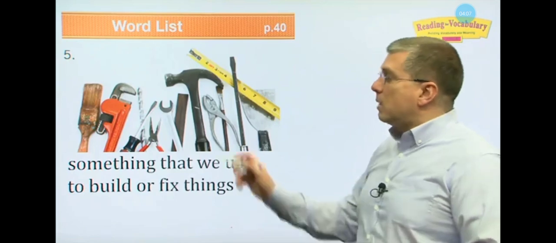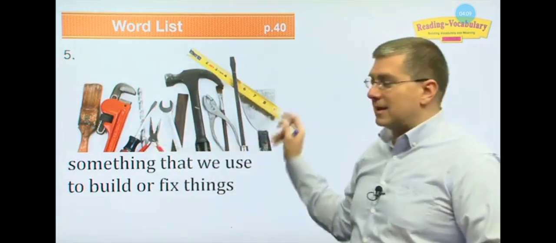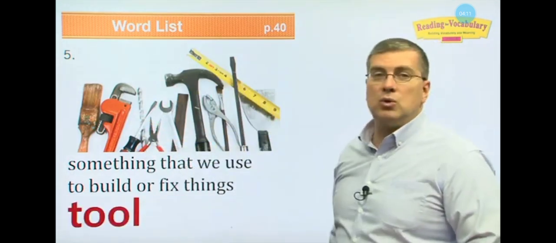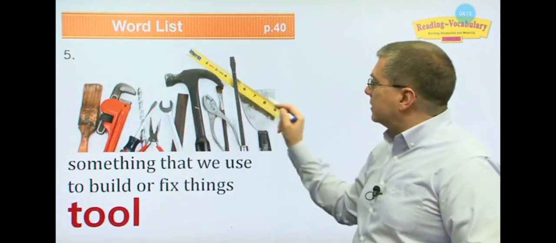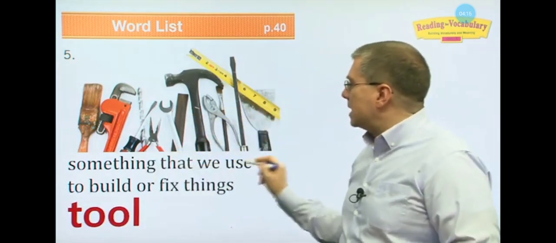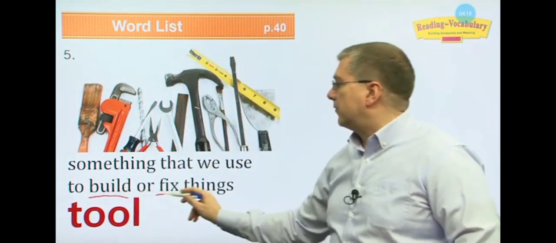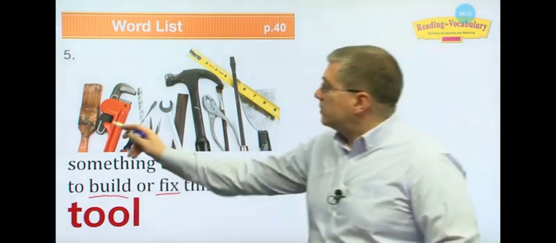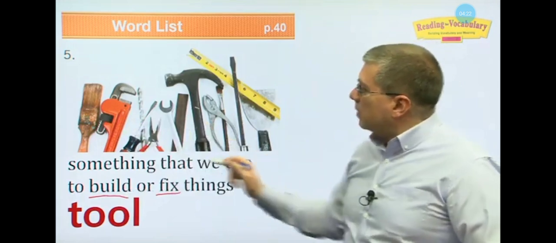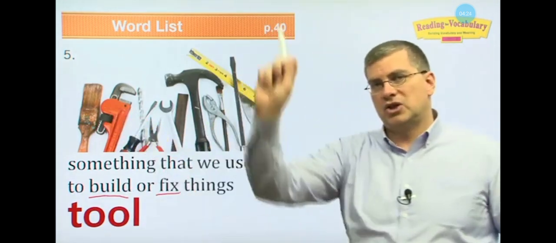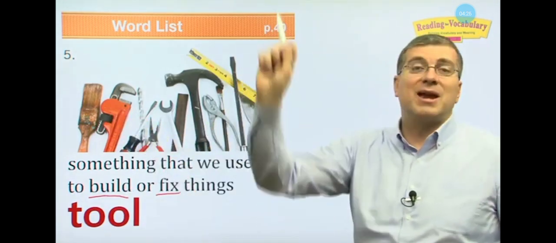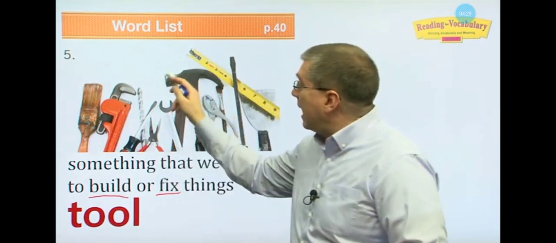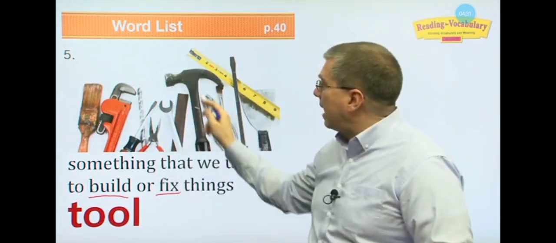Number 5, we're talking about tools, right? There are different kinds of tools. Something that we use to build or fix things. You can see a paintbrush. A paintbrush helps us fix things and make them look nice. Here, a hammer.